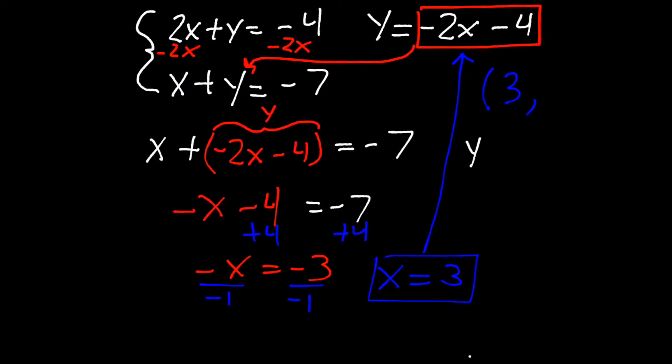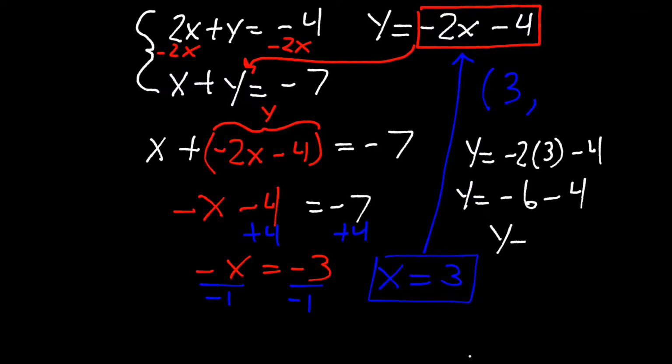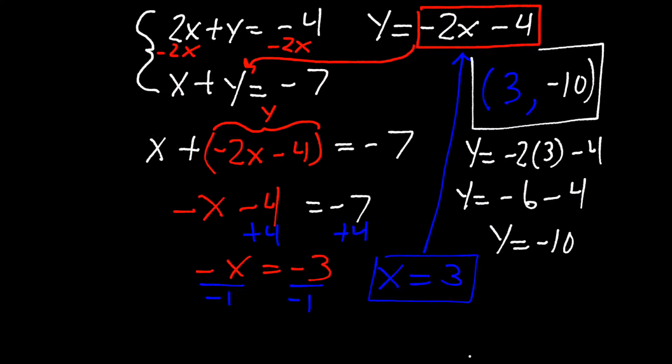So I have y equals negative 2 times x, which is 3, minus 4. y equals negative 6 minus 4. And lastly, when I combine my like terms, y equals negative 10. So our y value is negative 10, and we have our solution.